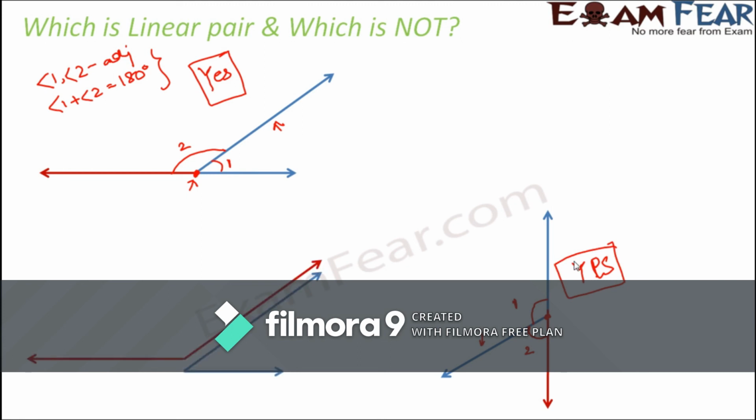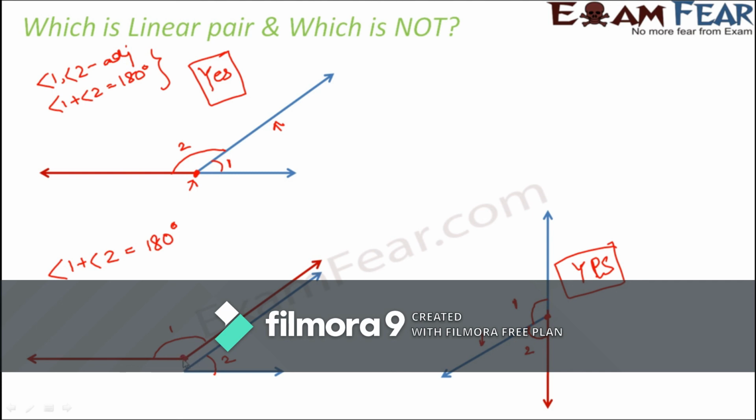Let's look at the third example. Here you have angle 1 and angle 2. When you look at the sum, this is an obtuse angle and this is an acute angle, and let's say that they satisfy this criterion, that is, the sum of the two angles is equal to 180 degrees. But do you think that they are adjacent? Do they share a common vertex?